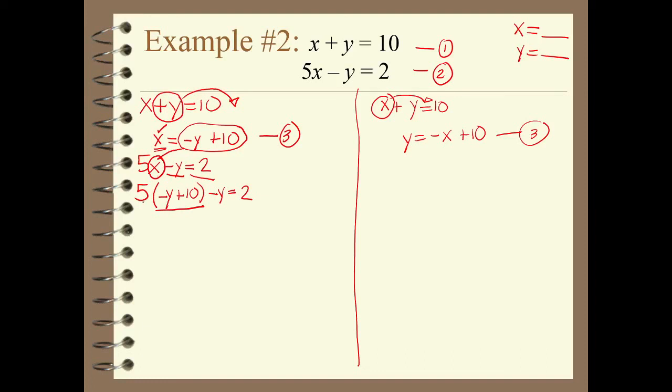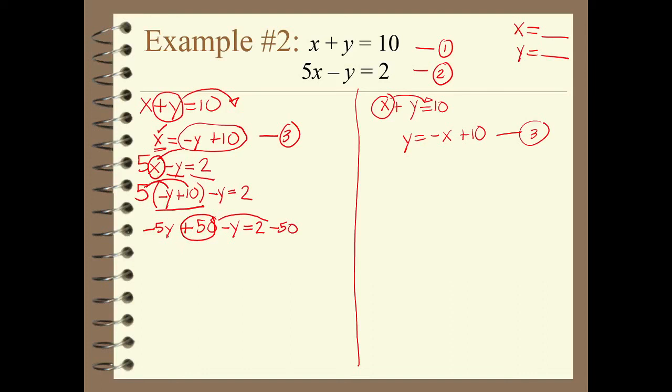Okay. Let's now distribute. Multiply: negative 5y plus 50. Then bring down negative y equals 2. And then we transpose that, so it becomes minus 50.